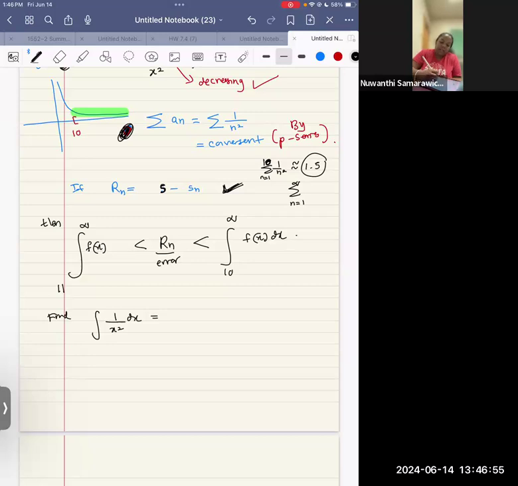Yes, negative 1 over x. So the integral of this is negative 1 over x.